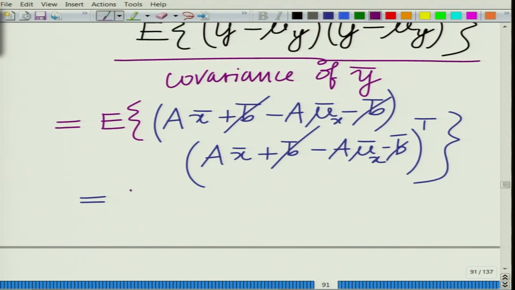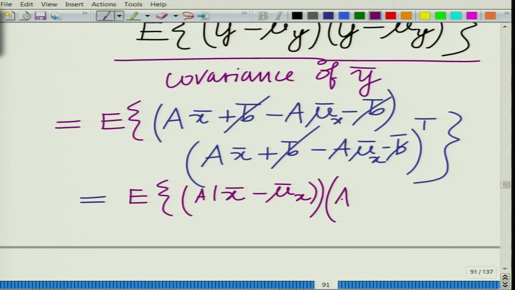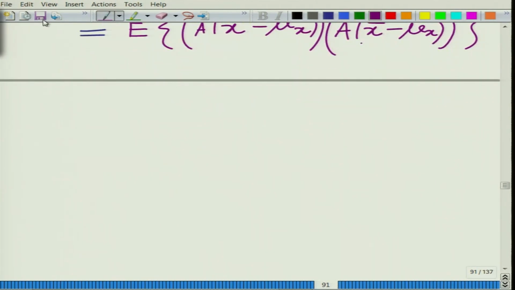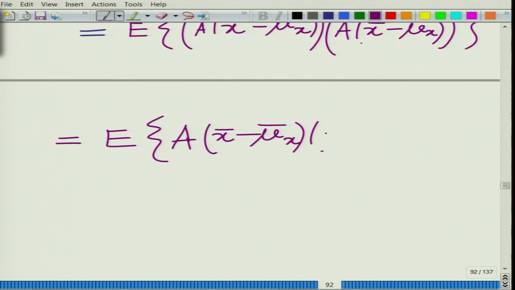So, that leaves expected value of A x bar minus mu bar x times A x bar minus mu bar x transpose, which essentially is nothing but expected value of A, opening the brackets, x bar minus mu bar x times x bar minus mu bar x transpose into A transpose.